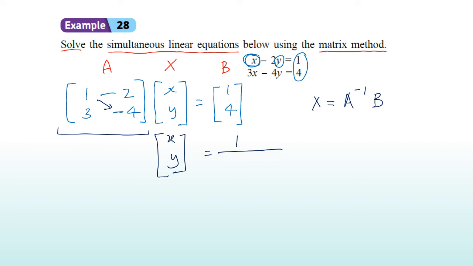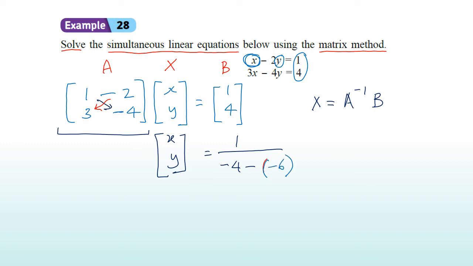Negative 4 times 1 is negative 4, minus, that is the formula, minus B times C. That is negative 2 times 3, which is negative 6.